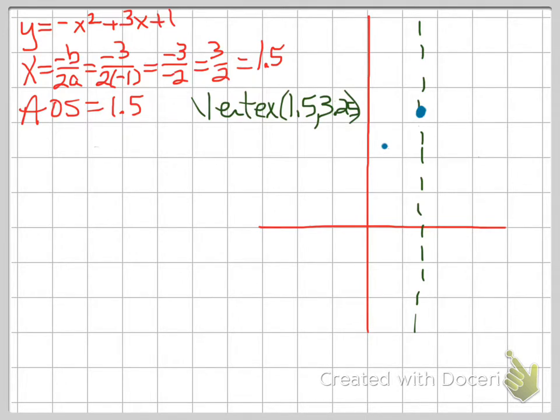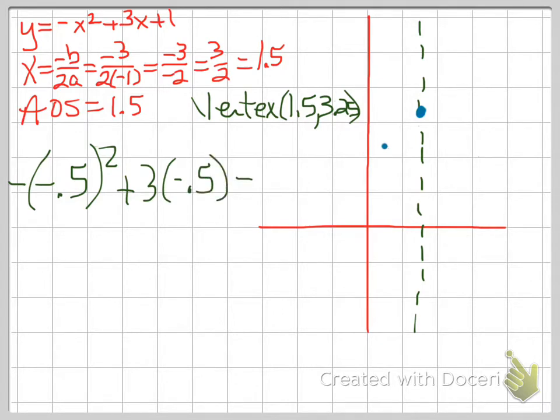Now, I have negative 0.5 squared plus 3 times negative 0.5 plus 1. And so negative 0.5 squared is 0.25. So I have negative 0.25 plus 3 times negative 0.5 is negative 1.5. So let's make that minus.